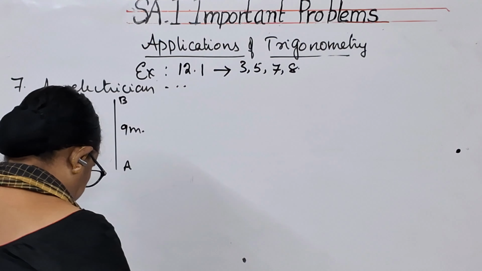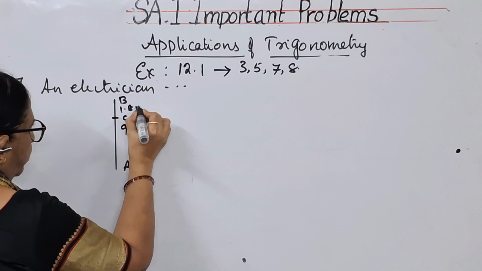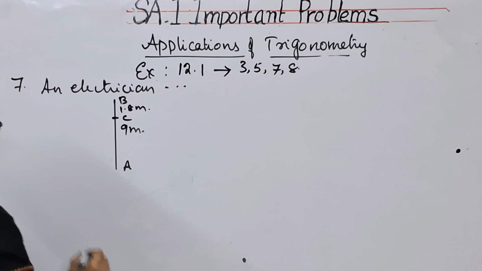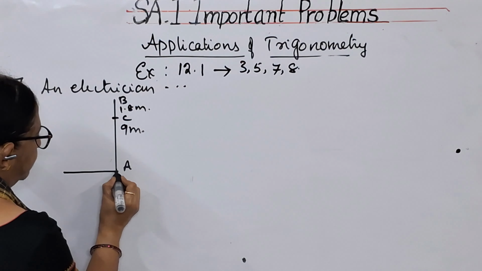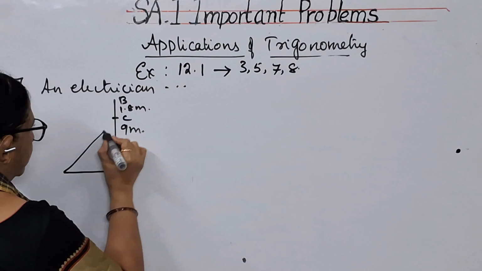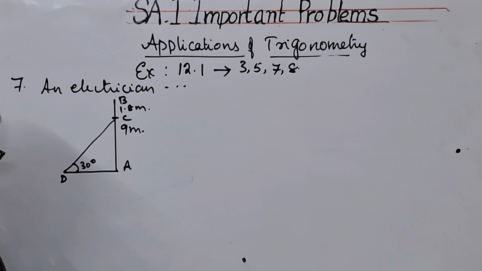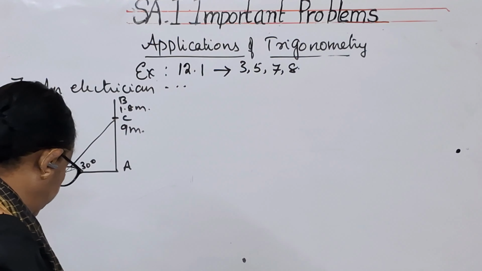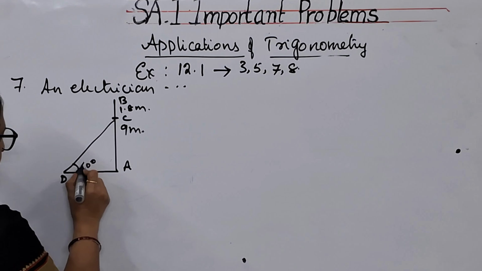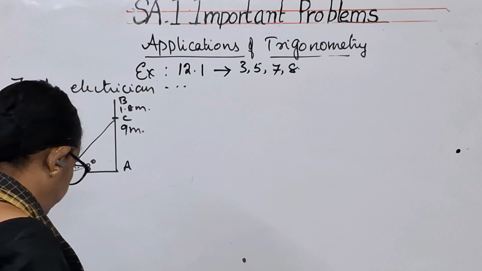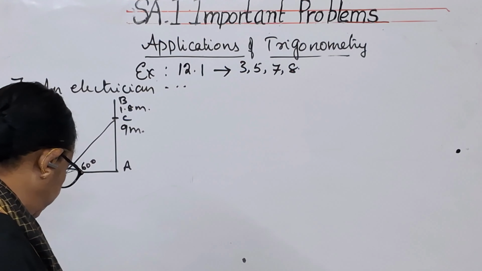Now here he needs to reach 1.8 meters below. This ladder has to make an angle of 60 degrees with the ground, sorry, not 30. What will be the distance between the foot of the ladder and the foot of the pole?